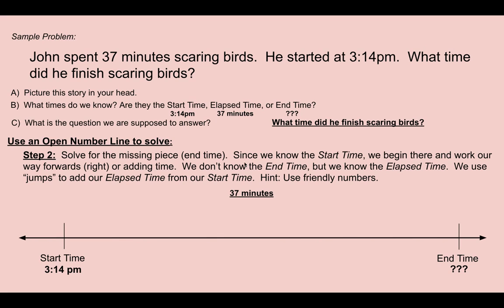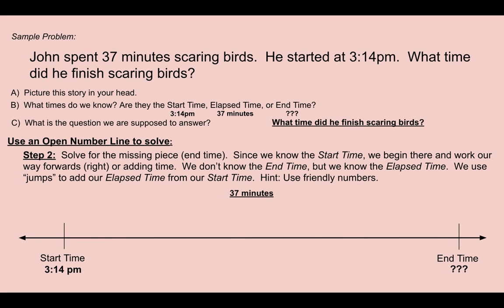Step 2 is we're going to solve for the missing piece, which is our end time. Since we know the start time, we begin there and work our way forward or to the right, adding time. We do not know the end time, but we do know the elapsed time. We use jumps to add our elapsed time from our start time.